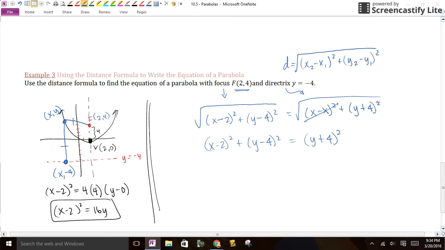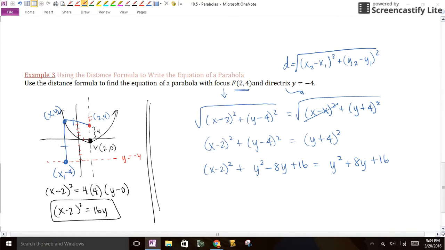Now I'm just going to pretty this up by getting all the squared terms on one side and everybody else on the other, and the x on this side. So I'm going to leave (x minus 2) squared on this side. I'm going to FOIL this out. What is that? y squared minus 8y plus 16. And over here I have y squared plus 8y plus 16. I think that's what I get.